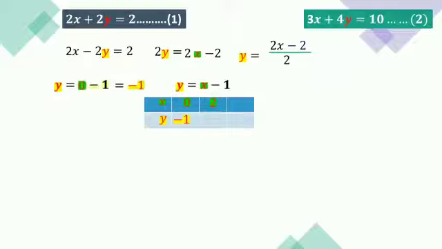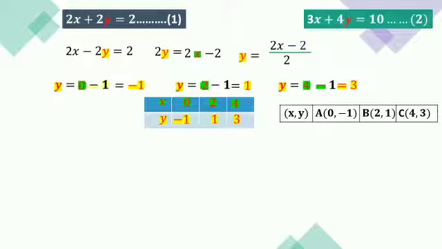When x is equal to 2, y is equal to 2 minus 1, 1. When x is equal to 4, 4 minus 1, 3. You can also put x is equal to 3, then y becomes 2. You have to have ordered pairs of values for x and y. You have to write the values of x first, then y, so that it will be easier to plot the points on graph paper.